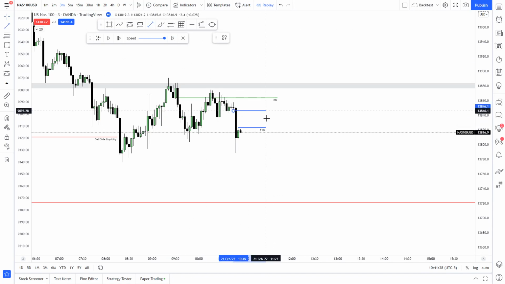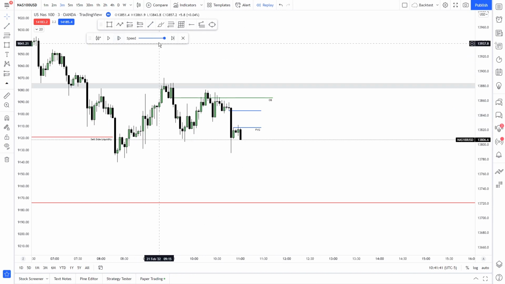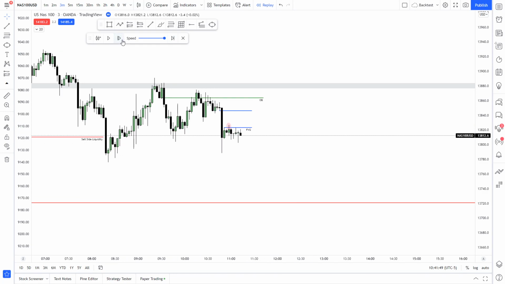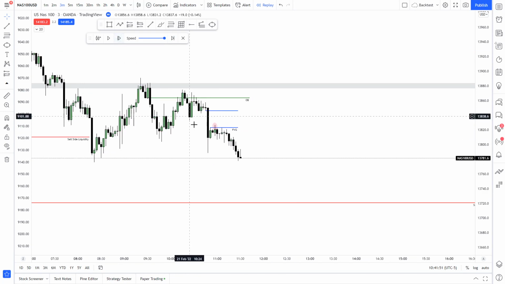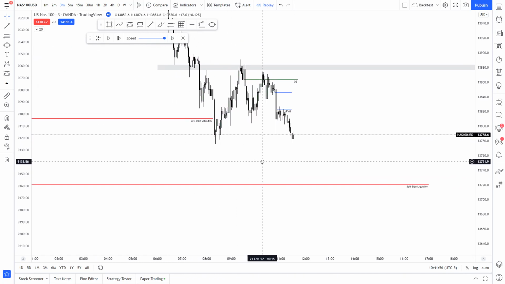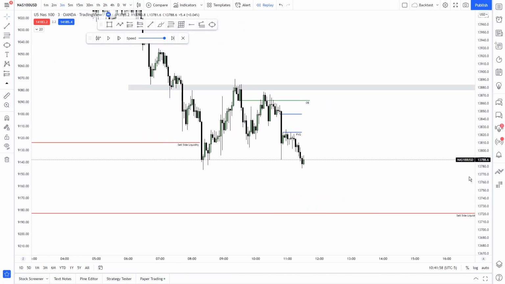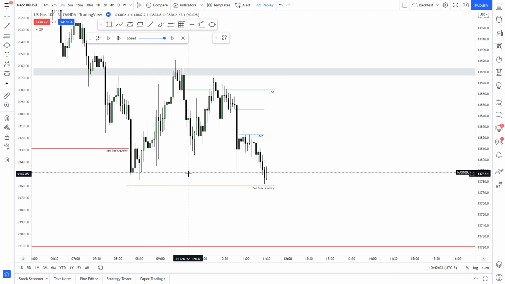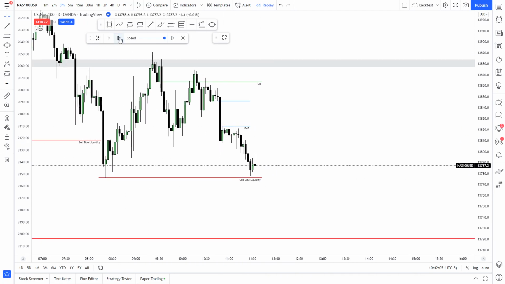If price comes back up here, stops above this area, price taps into it right here. And we want to see price drop from here. Alright, so price drops from there, and then we're aiming for this as our first target, sell side liquidity. So we're aiming for this low as our first target.